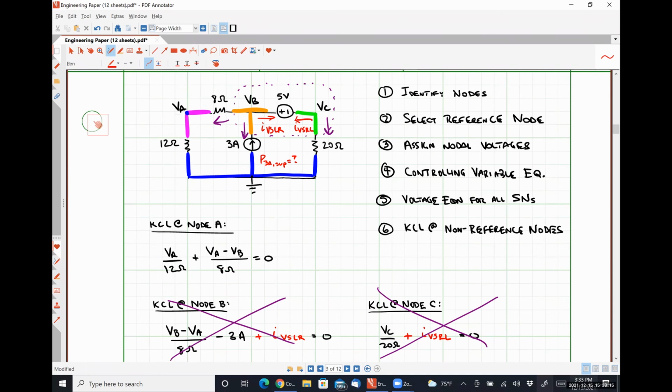Well, the current flowing through this current source is pretty trivial. It's 3 amps, right? So what we need for power supplied is for the current to be flowing into the negative polarity terminal and out of the positive polarity terminal, right? So let me erase these because we don't need them anymore.